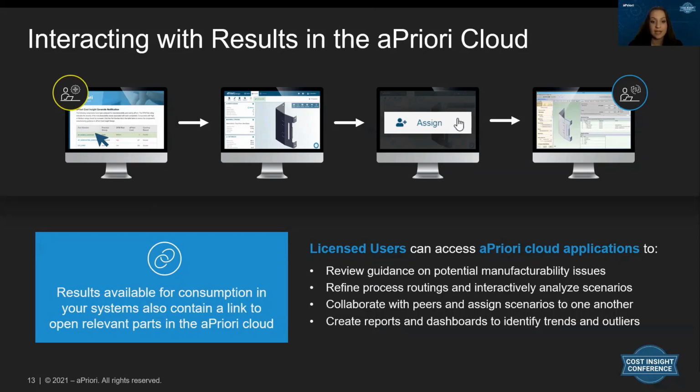Designers can review design guidance to understand what the detected manufacturability issues mean and how they can address those issues. They can review results and assign components to their coworkers for feedback and collaboration. They can refine the inputs used or analyze several scenarios of the same component, and the list goes on.